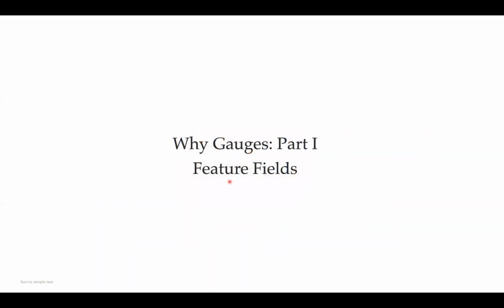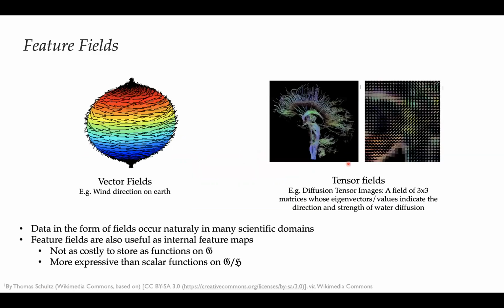So let's look at why we are so interested in this. So the first thing that I'll mention is feature fields. In many scientific domains, you'll find data that is naturally understood as a field on a manifold. One example would be if you're doing analysis of global weather data or climate data.